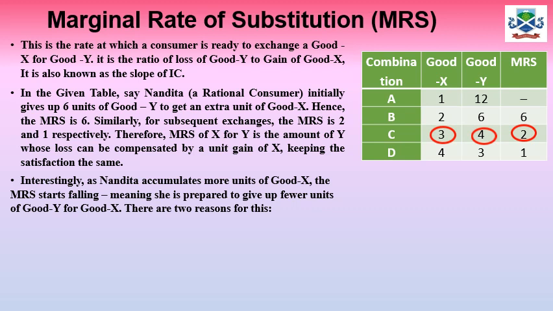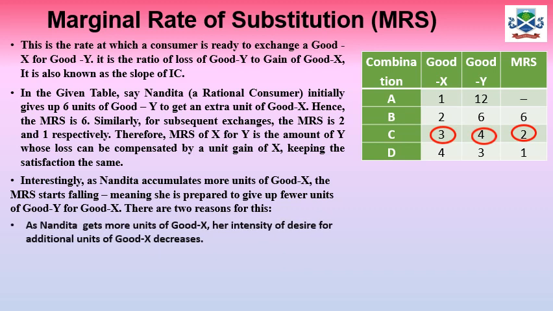Interestingly, as Nandita accumulates more units of good X, the marginal rate of substitution starts falling, meaning she is prepared to give up fewer units of good Y for good X, and there are two reasons why it is happening.